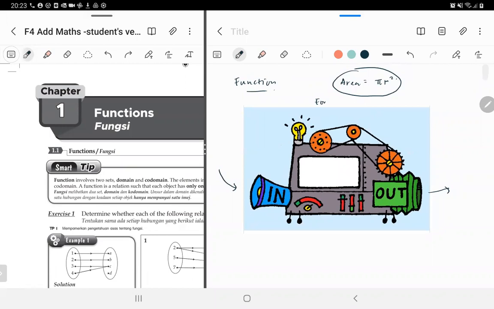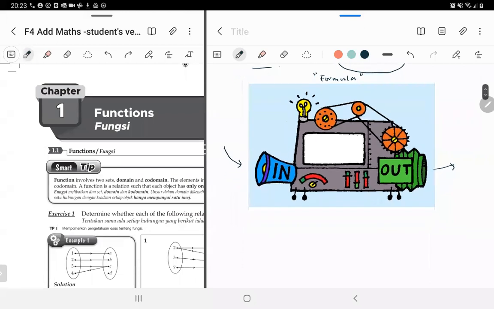If you imagine there is a machine there, the machine will produce exactly the same item every time, right? So there must be a formula inside the machine for it to be a function. A function is actually like a formula that uses the same process to produce something.